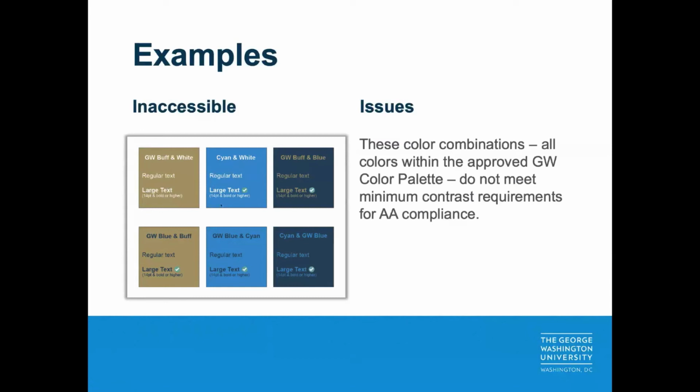For large text, because it's bigger, if it's bold and bigger font, it actually is more easily discerned against that cyan light blue background. So for the large text, it can pass if you have the text big enough, basically, but you do need to make sure that your text is big enough. You also need to make sure that the font weight is bold. That's the only way it's going to pass compliance.